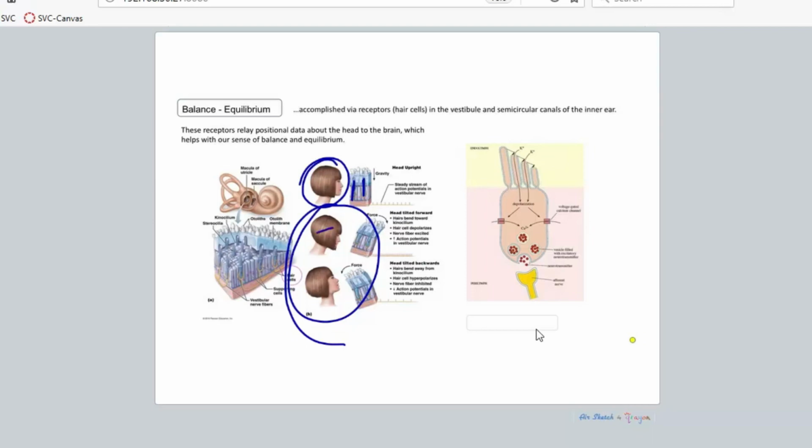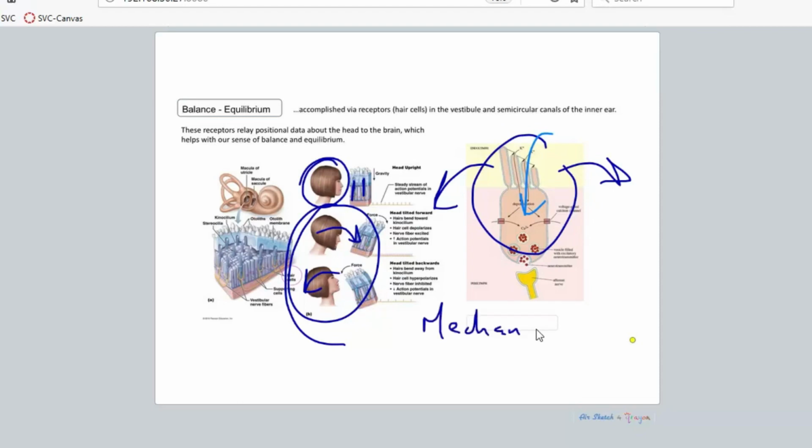But if you move your head forward or back, these receptors get tilted, and potassium ions again come through and stimulate the sensory receptor. That information goes to the brain for processing. What type of receptors are these? Again, they're mechanoreceptors.